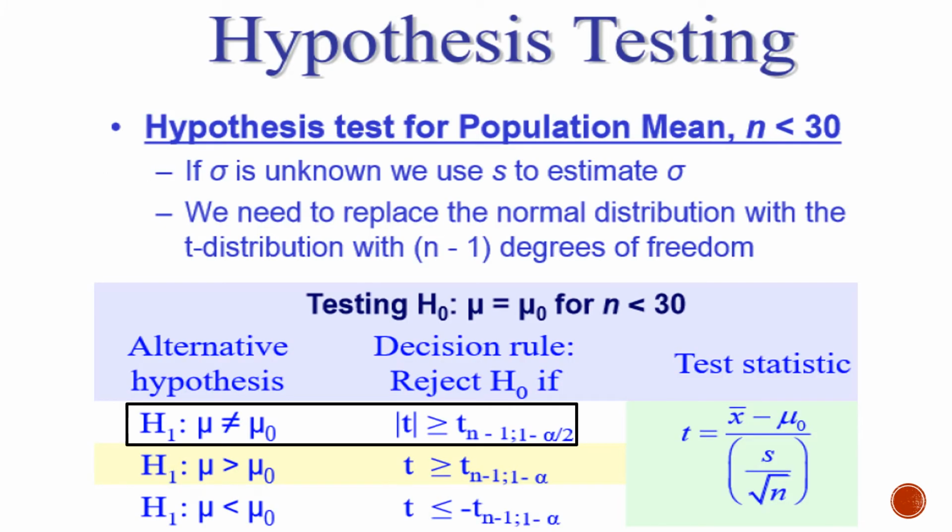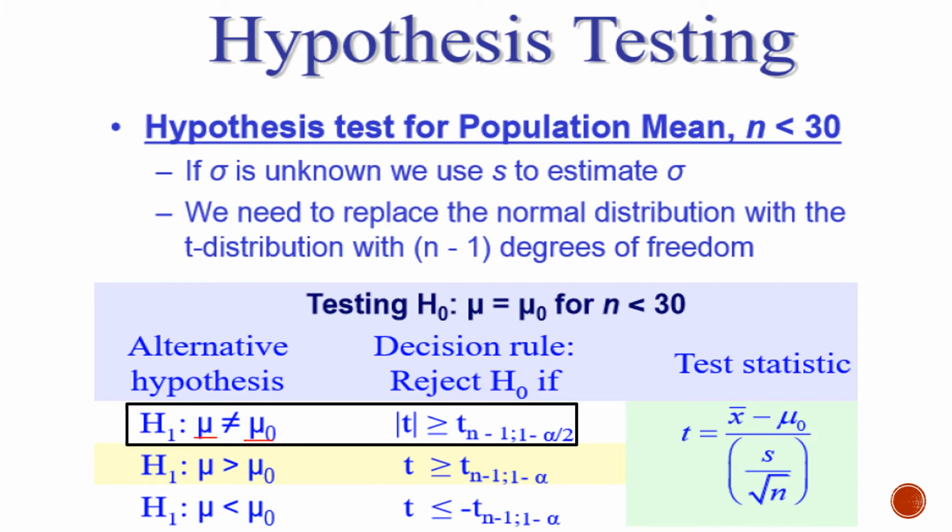Now, if we are going to recall this slide, it tells us here what will be our decision rule. We all know that our alternative hypothesis is the true mean is not equal to the hypothesized mean.